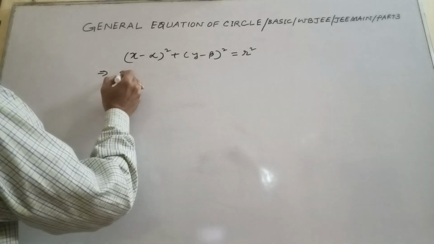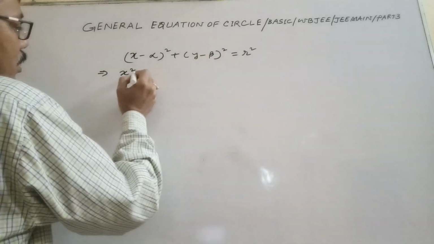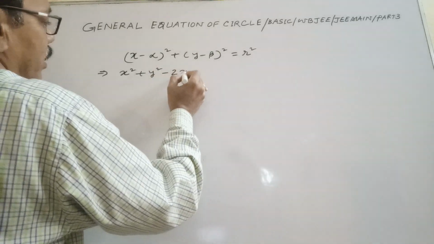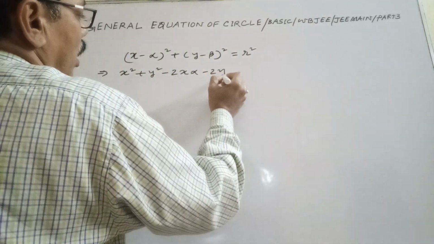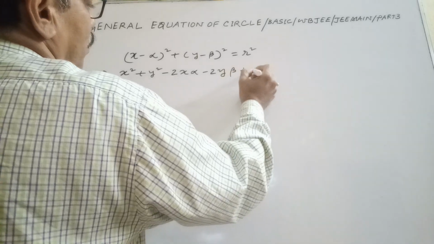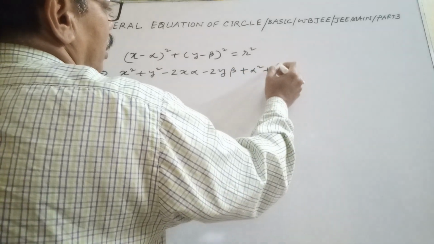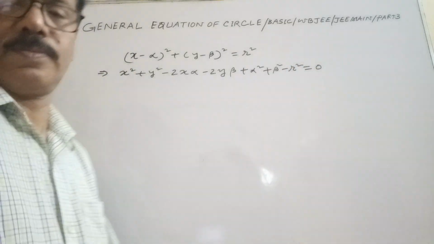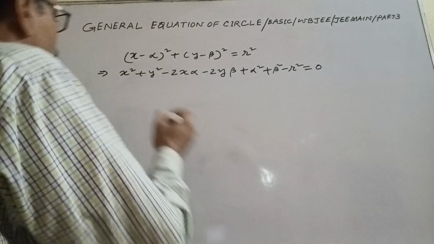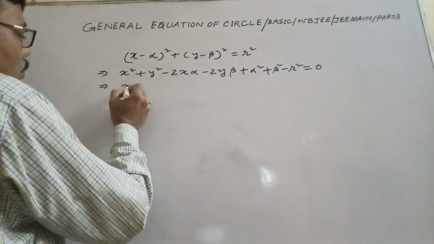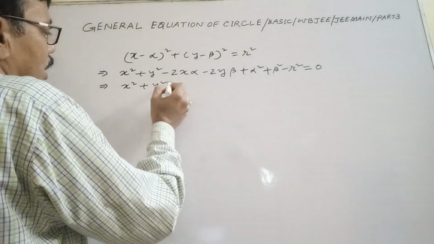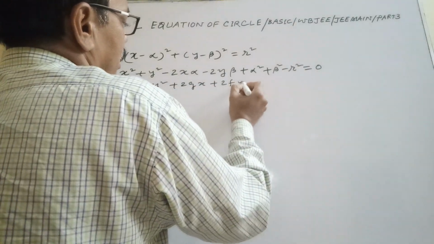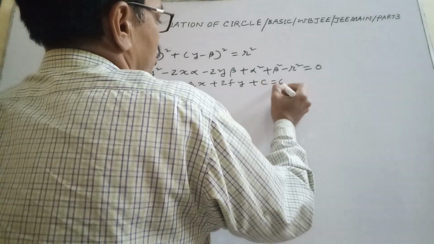Now if you expand x square, then y square, arranging, this is minus 2x alpha minus 2y beta plus alpha square plus beta square minus r square equals 0. Now we can write it in this form: x square plus y square plus 2gx plus 2fy plus c equals 0.